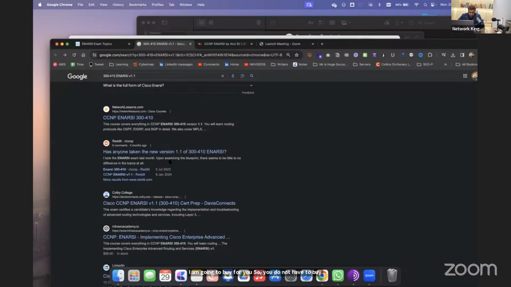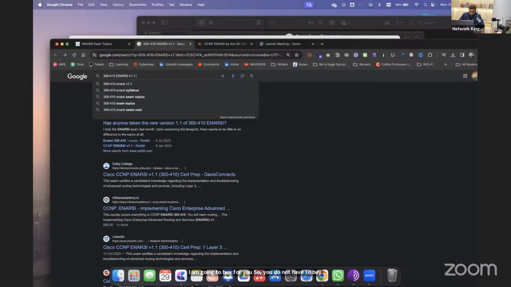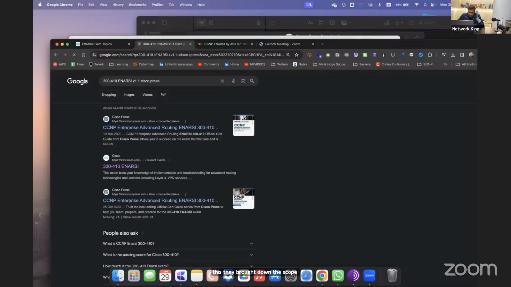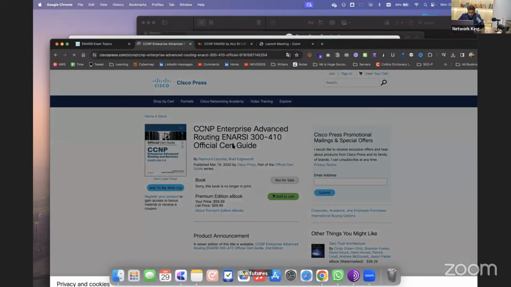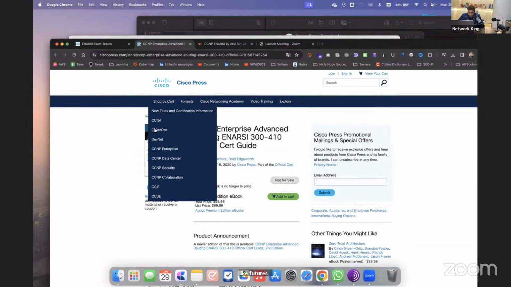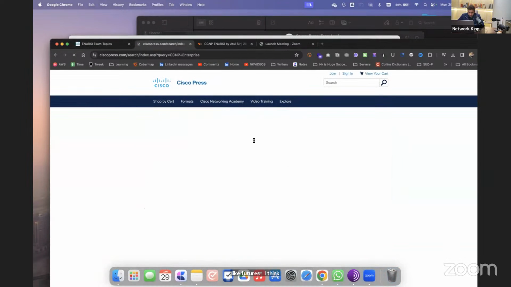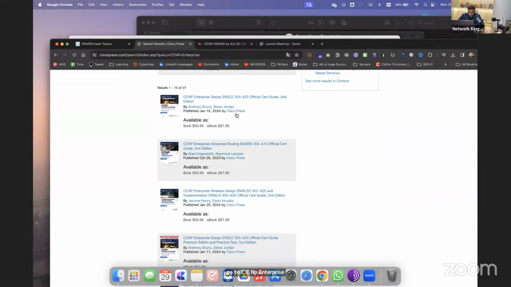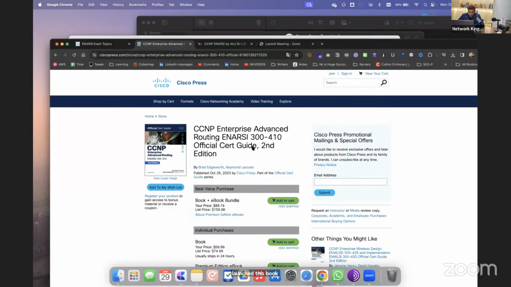But on the Cisco website, if you check Cisco Press, the latest book is in the market now. If you go to CCNP Enterprise, they recently launched this book, CCNP Enterprise Advanced Routing, Second Edition.